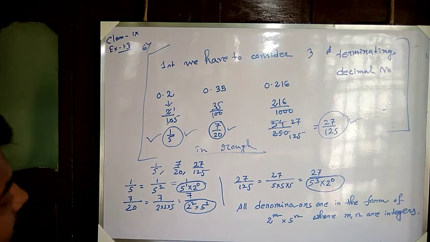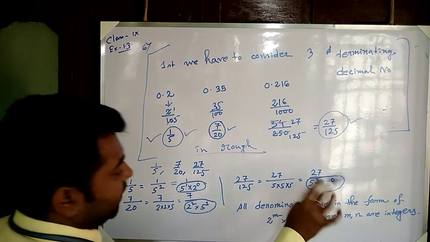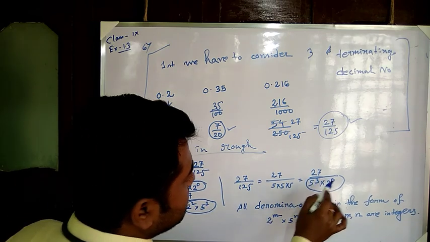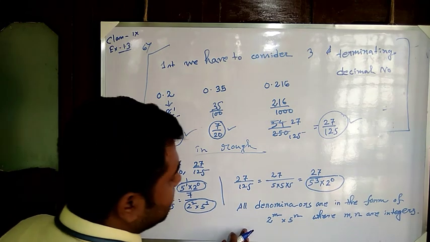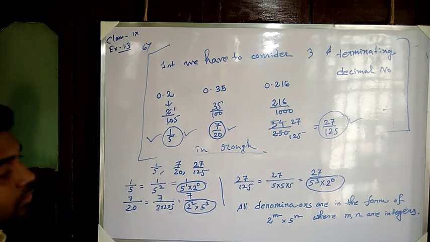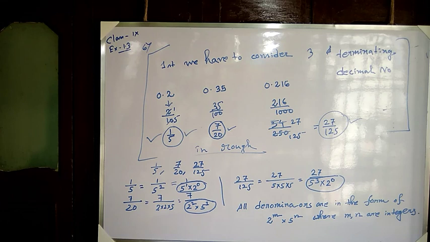See, everywhere 2 and 5, 2 and 5, 2 and 5. See, 1, 0, 2, 1, 3, 0, all are integers. That's why I am writing here all denominators are in the form of 2 to the power m into 5 to the power n, where m, n are integers.